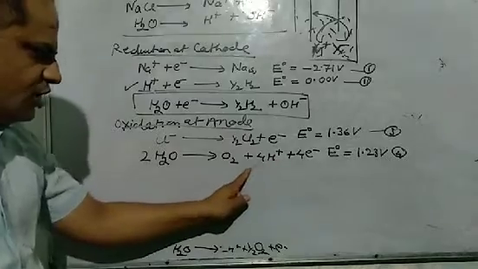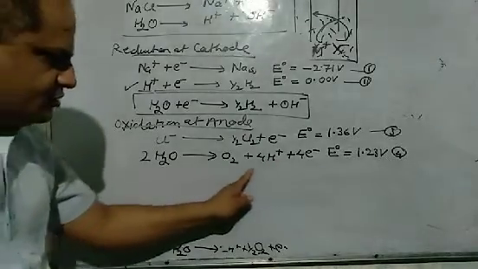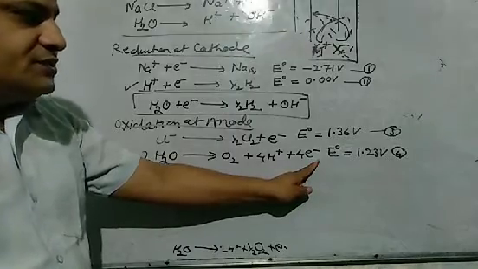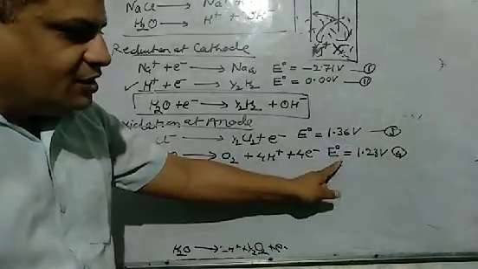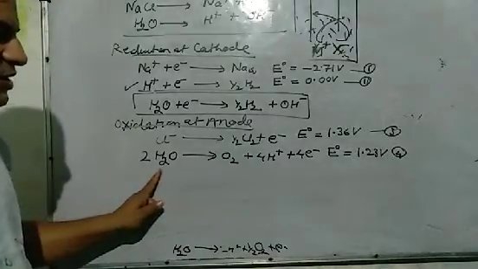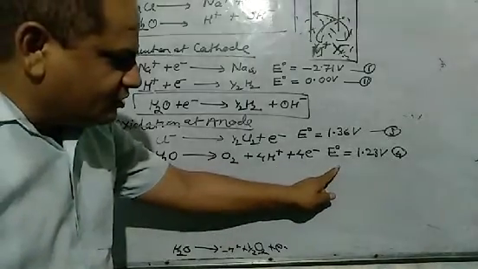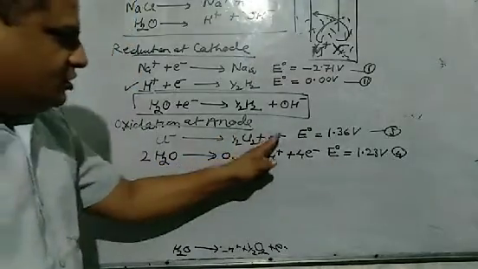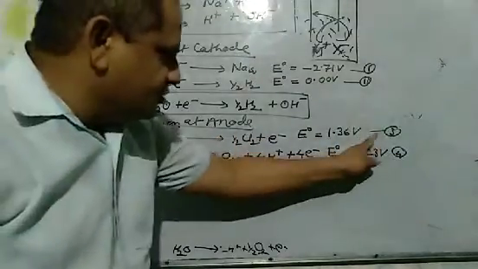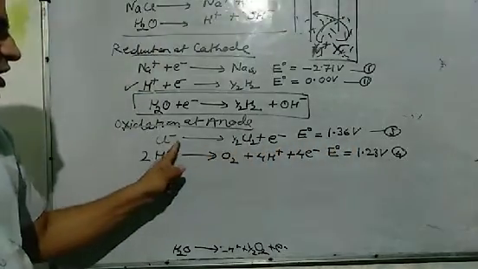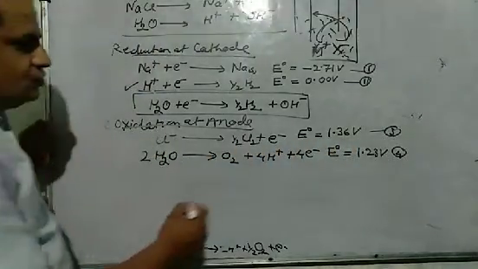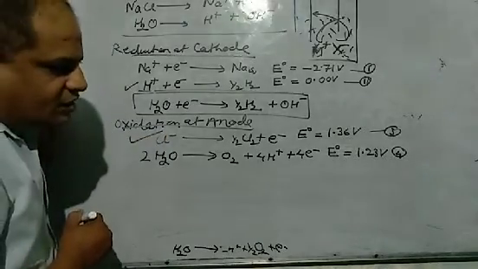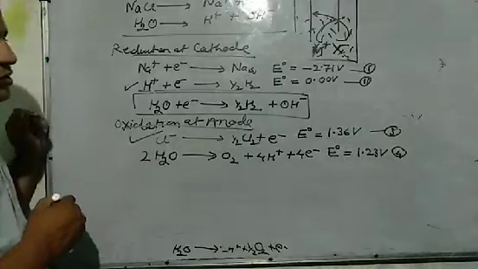this should occur preferentially, but due to extra voltage or overpotential, this reaction is difficult to occur, and finally reaction 3 occurs at the anode. So this is the preferred reaction which occurs at the anode.